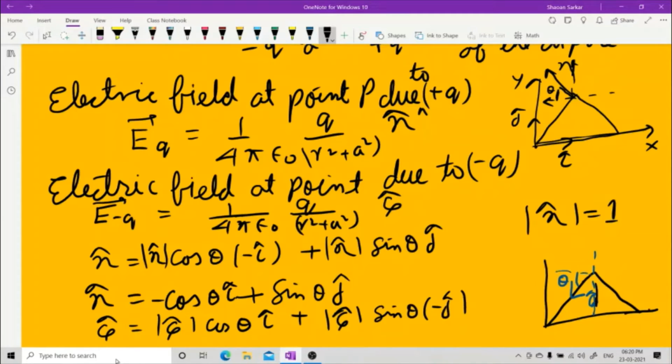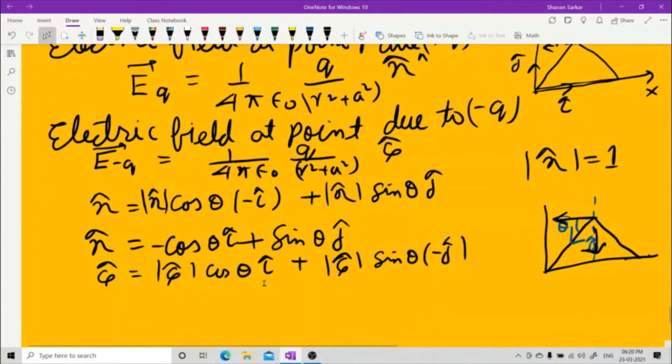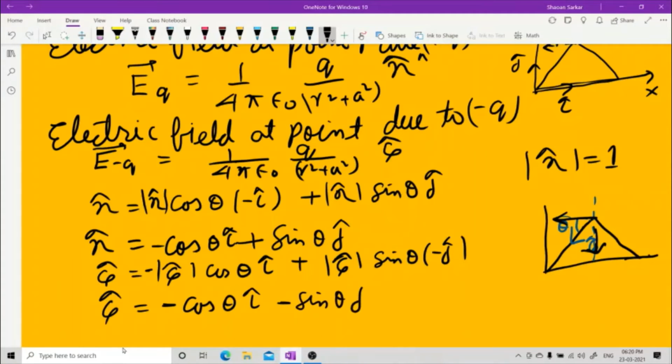These two are the directions of zeta cap, resolved along the x and y axes. So zeta cap will be minus cos theta i cap minus sine theta j cap. No problem. I need this to be substituted in this.